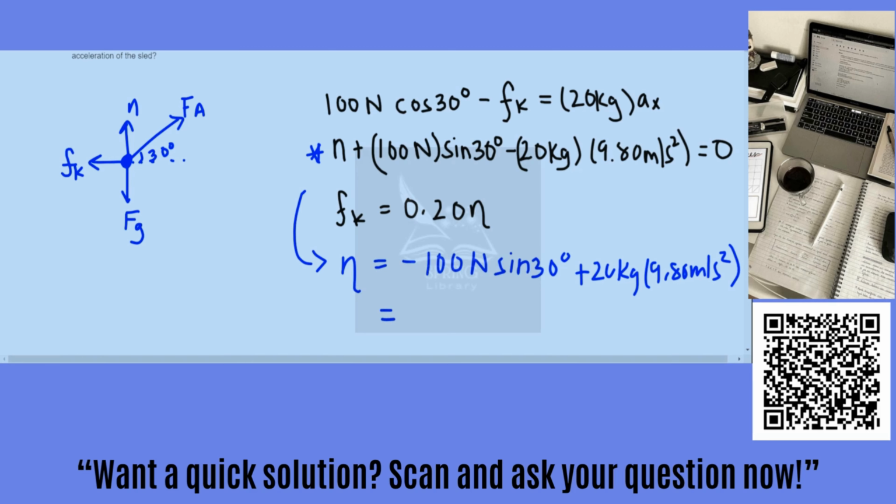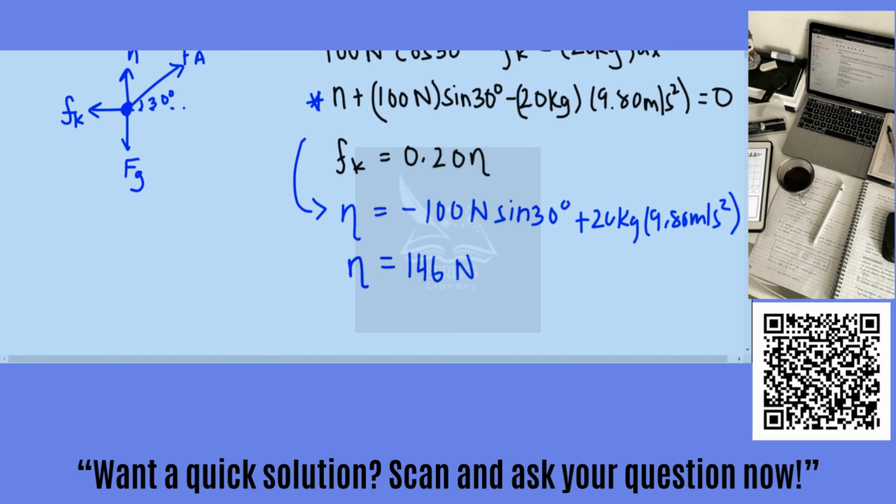And so when we put that into the calculator, we get a value of 146 newtons. What that allows us to do is take the third equation up here and just plug in the normal force into that equation. And so that will give us the friction force. So the friction force here is about 29 newtons.